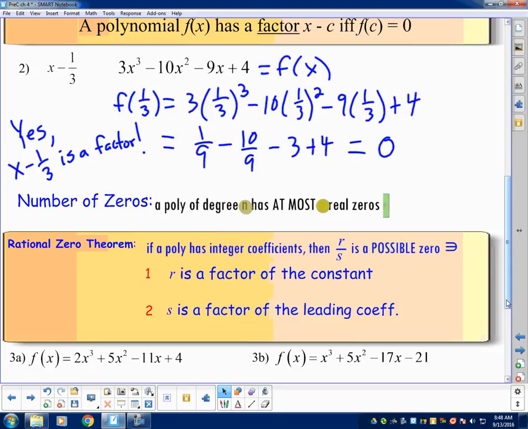So this theorem does. You may have seen this one last year. Okay.